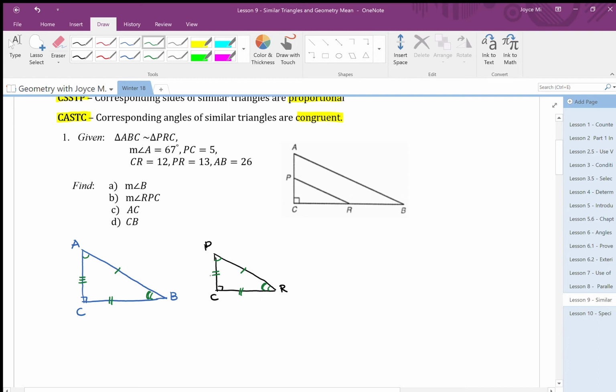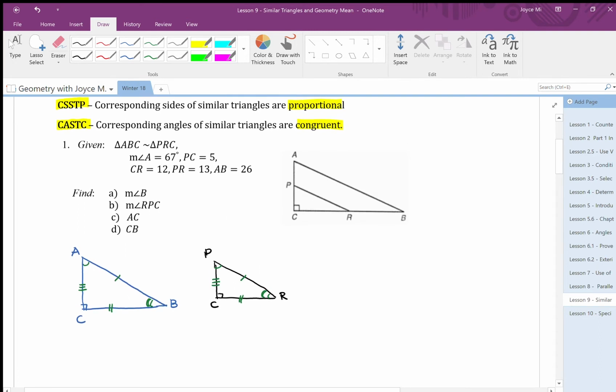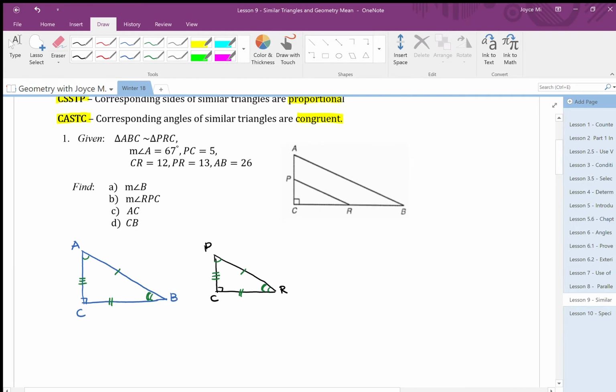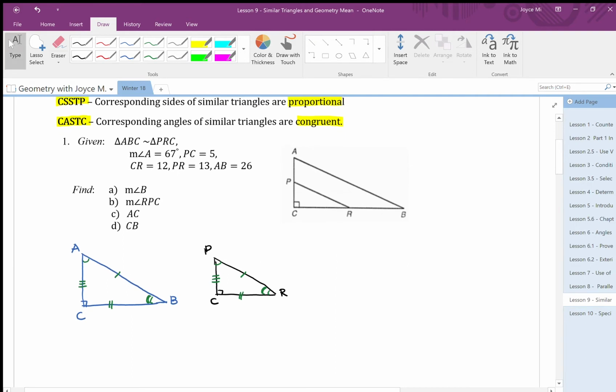So according to the statement, corresponding sides are proportional and corresponding angles are congruent. What does it mean that corresponding sides are proportional? I can set it up as a proportional statement.